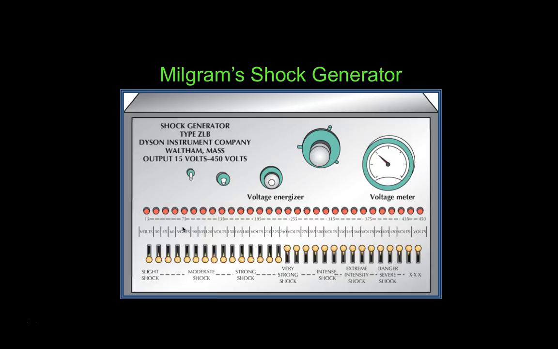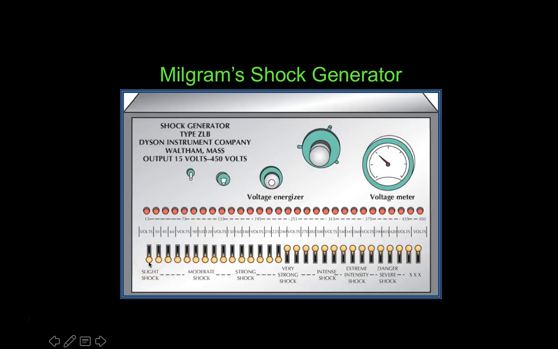Now, what's the punishment? Well, basically, the teacher is going to read the words, get the answer, and every time the learner gets the answer wrong, the teacher will deliver an electric shock, okay? It'll start at 15 volts, and for every incorrect answer, it's going to escalate another 15 volts, okay?